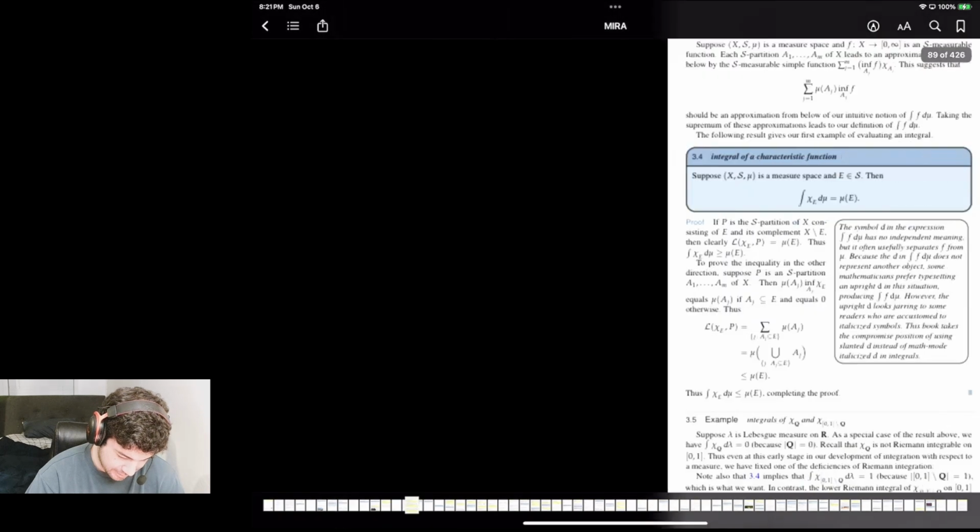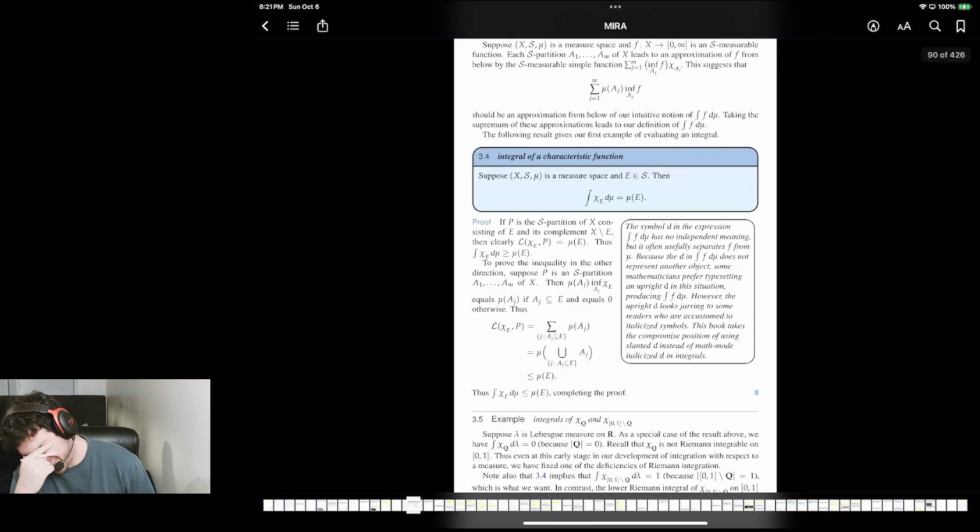I'm also looking through the other book, Royden, the one a lot of people use as well. I need to learn measure theory. It's very interesting, a lot of set theory and topology applications.